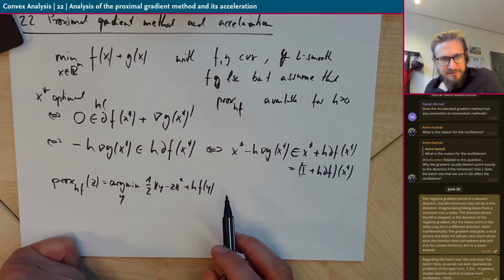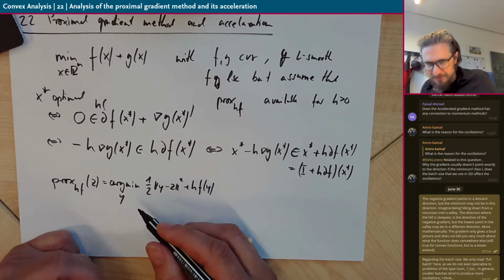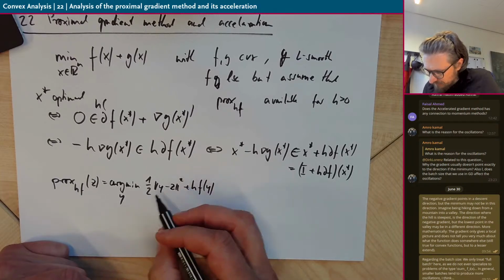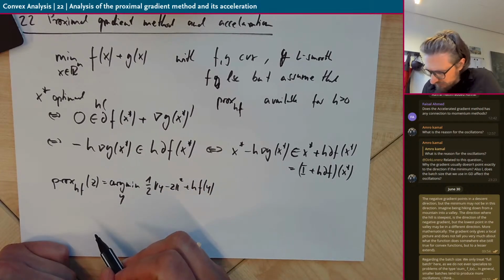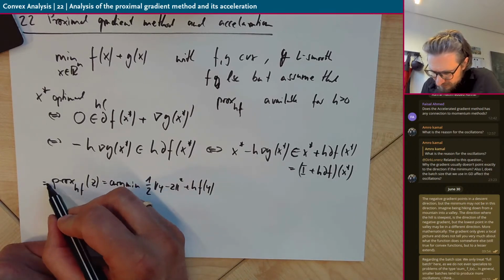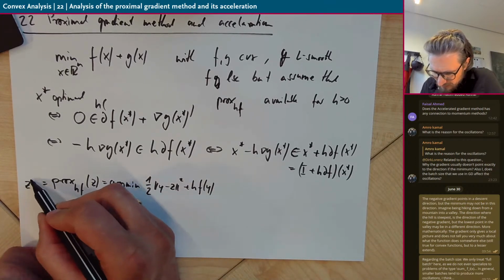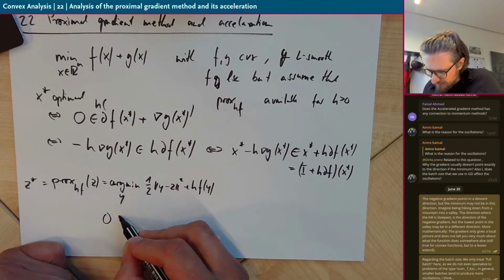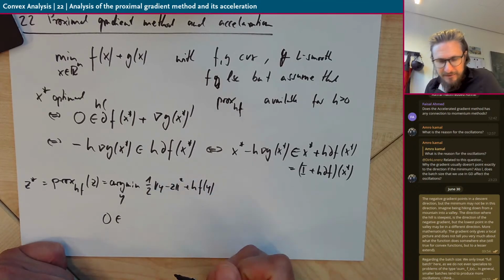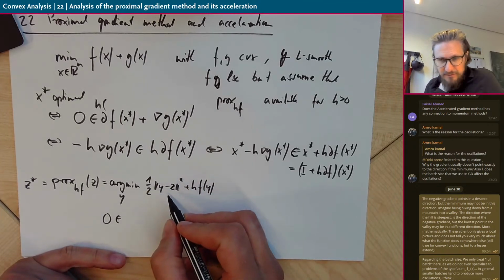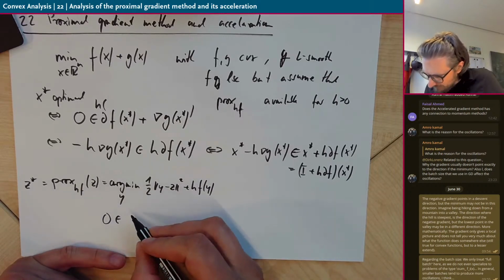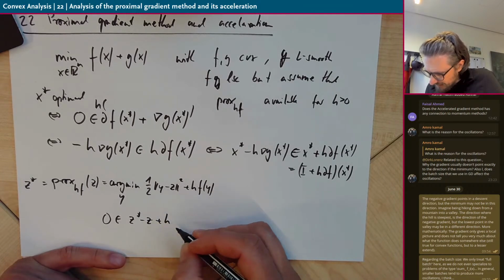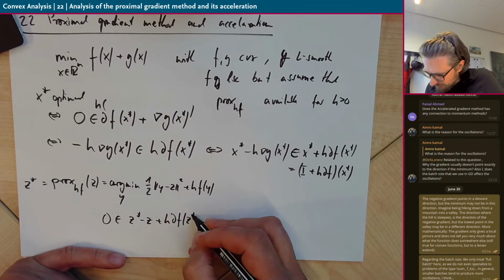If we characterize the minimizers of this by taking the gradient, so let's call the prox z star, then this minimum is assumed at z star, which means that 0 is in the subgradient of that function at z star. This again is differentiable, so this gives us z star minus z, and this gives us h subgradient of f at z star.